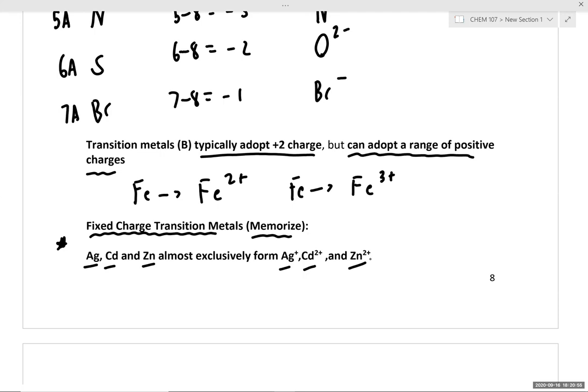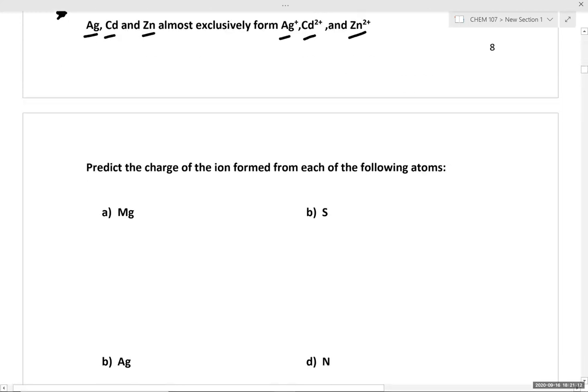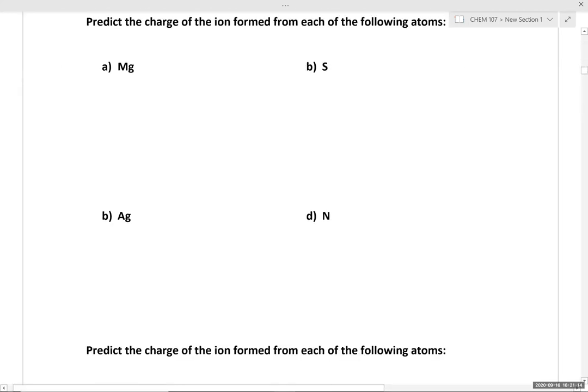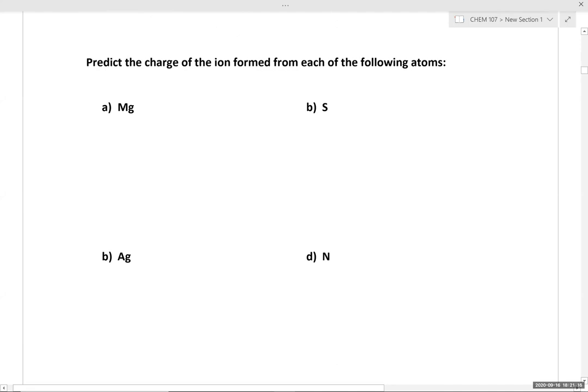So, any questions so far? Okay, so let's take a moment and predict the charge of the ion formed from each of the following atoms.